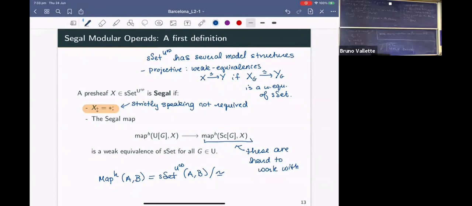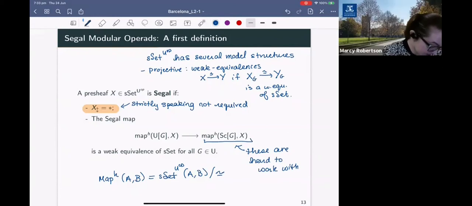So what we're going to do is put a Reedy model structure on this category of presheaves on graphical spaces. And in that case, I'll be able to say that the Segal core is cofibrant, and then I can put a condition on X where it's fibrant, and I can get rid of the derived part of the mapping space. I can identify it with the regular mapping space. So let's do that now.